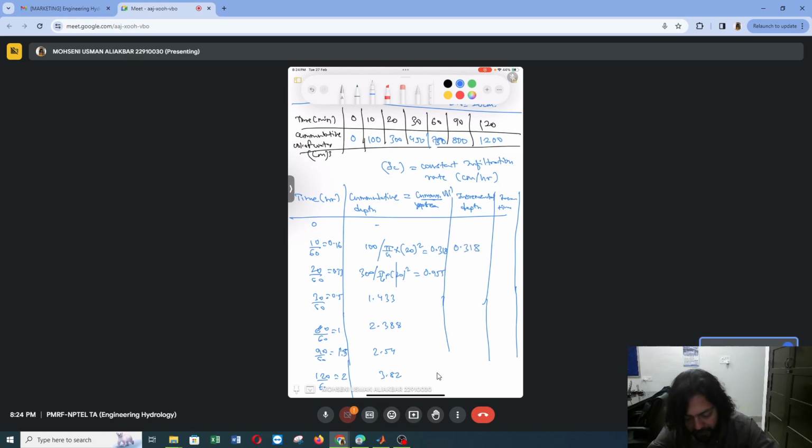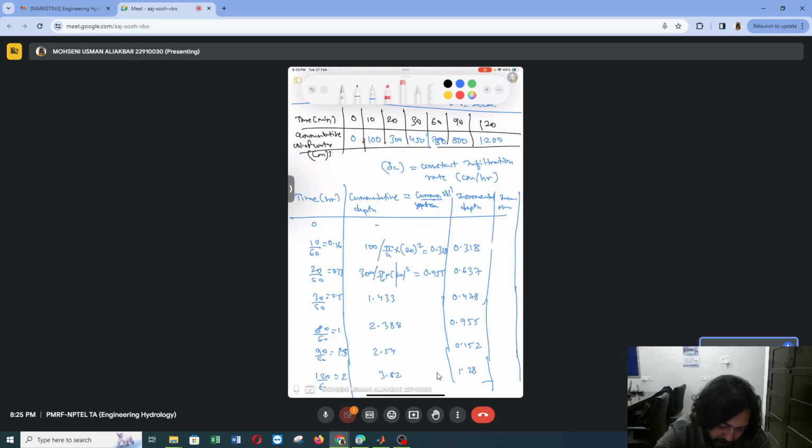The next value, we subtract 0.955 minus 0.318, so this is 0.637. The last value is 1.28.